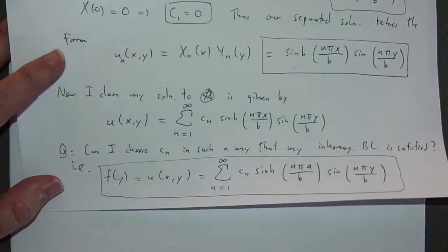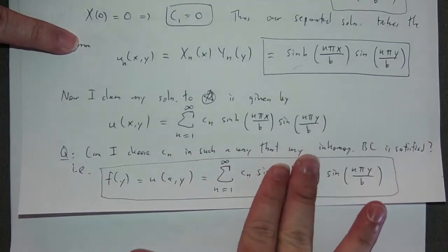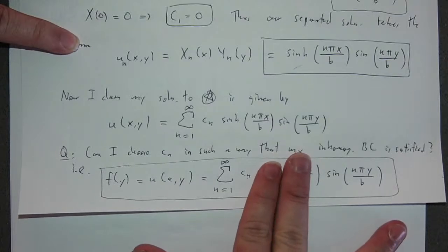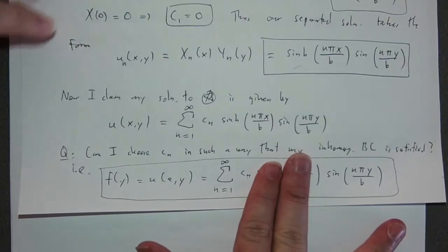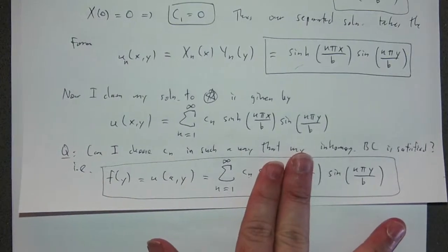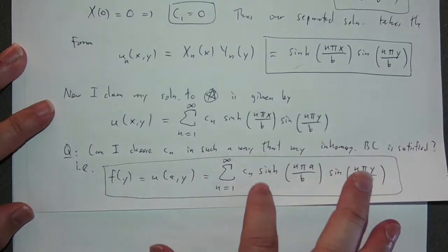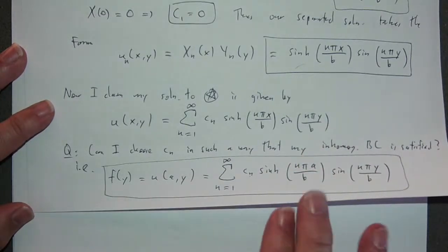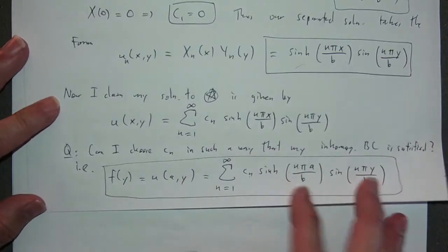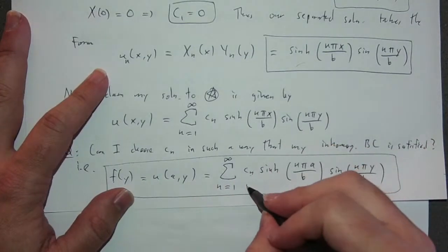So let's look at this. If this term wasn't here, then what I'm dealing with is just the question of writing this as its Fourier sine series. So the only difference between this and this is the fact that I have this extra sinh of n pi a over b term. So you can rewrite this, reformulate this if you like.